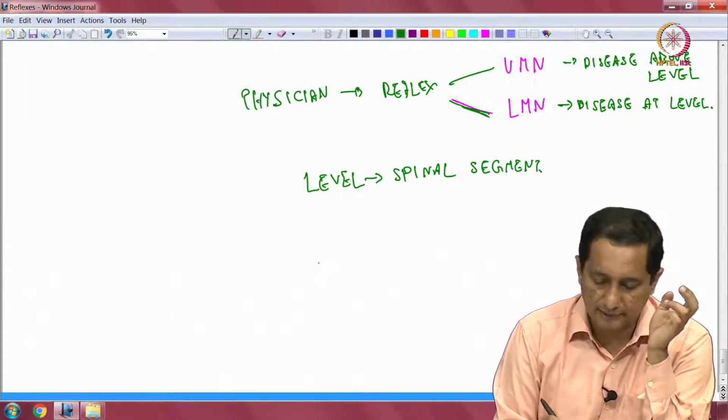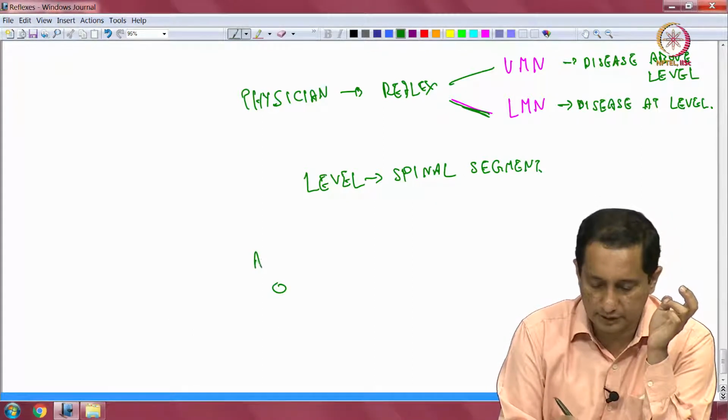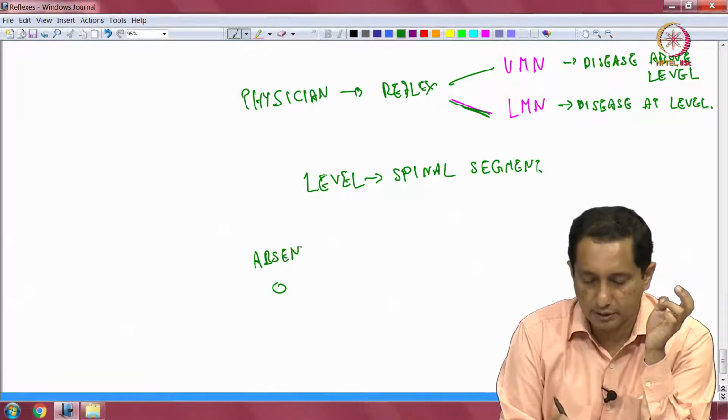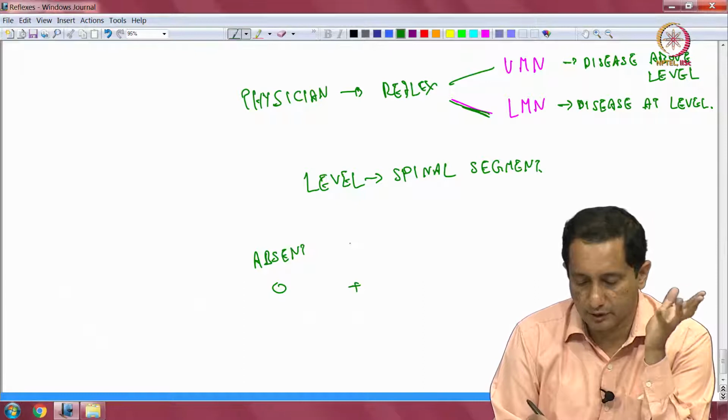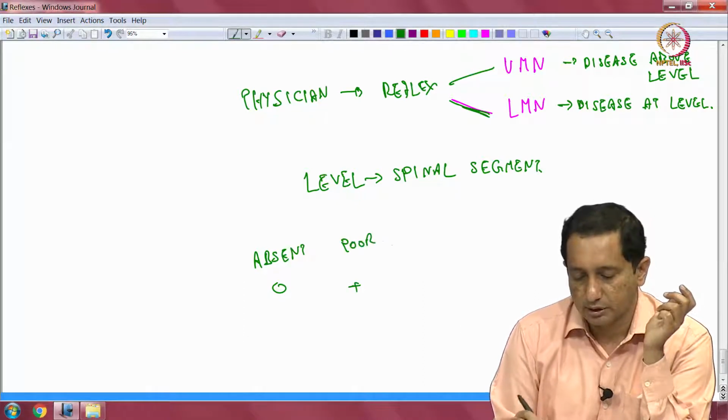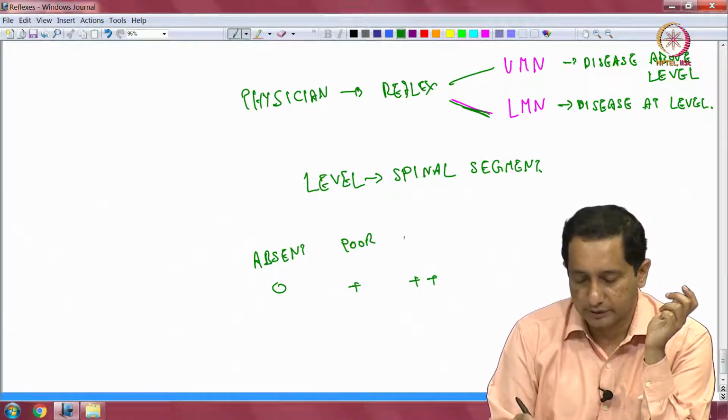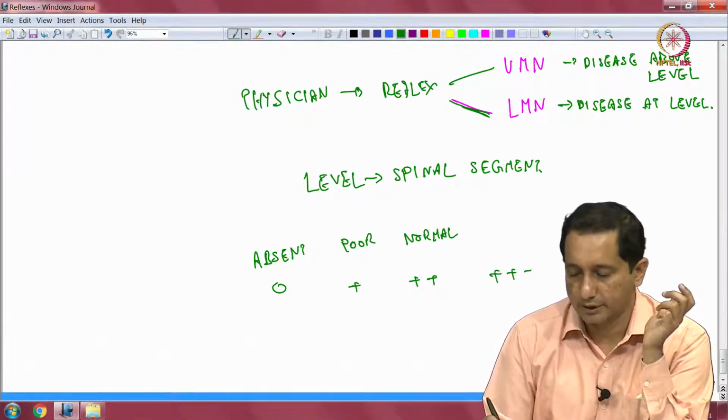Reflexes are classified as 0, which is absent, 1 plus, which is poor, 2 plus, which is normal, and 3 plus, which is exaggerated.